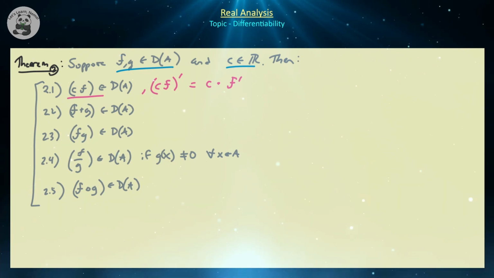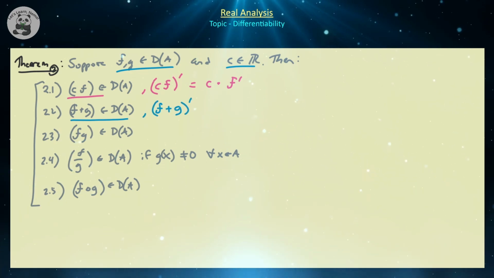Also, if you have two differentiable functions and you add them together, then their sum will also be a differentiable function, and the derivative of the sum will be equal to the sum of the derivatives. And from those two things, you can actually find that differentiation is a linear operator on differentiable functions.